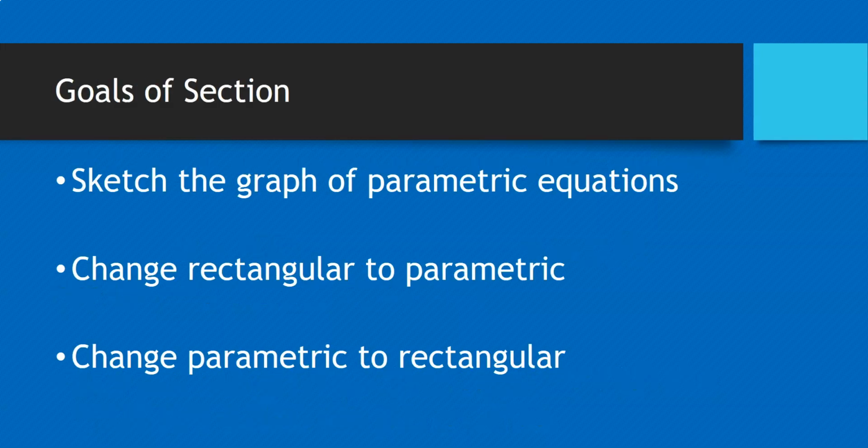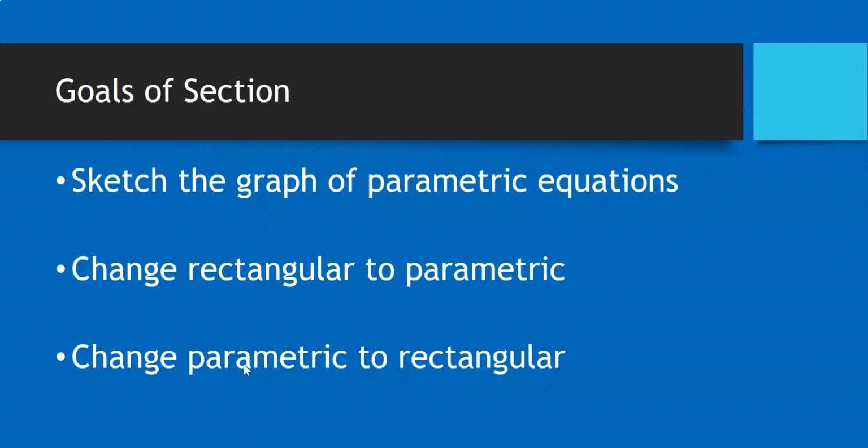So what are we going to do in this section? First off, we're going to sketch the graph of various parametric equations. We're going to come up with that plane curve that I was talking about. Then we're going to do some changing back and forth between rectangular coordinate systems, just y equals a function of x, and parametric coordinate systems, x is a function of t, y is a function of t.